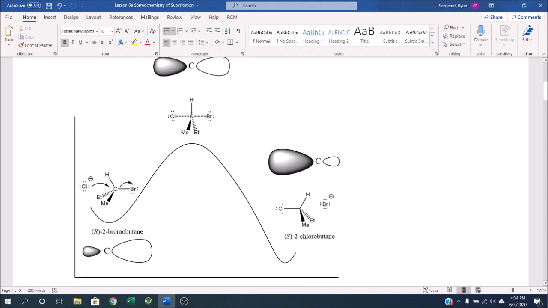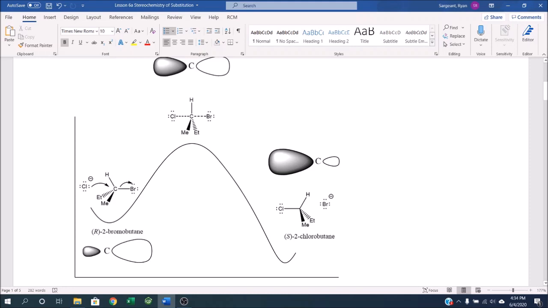The chloride formalizes the bond, and that opens up a hole of electron density. As the bromide leaves, there's no electron density here, so the hydrogen, the ethyl group, and the methyl group slide over and fill that hole. And what we ended up doing was fully inverting the umbrella.